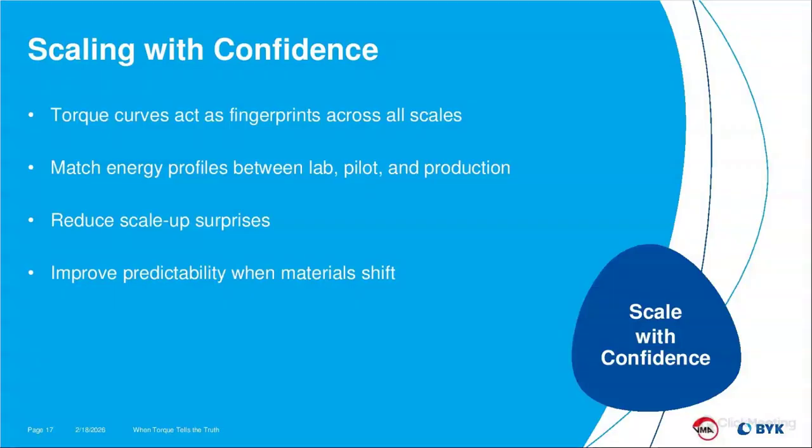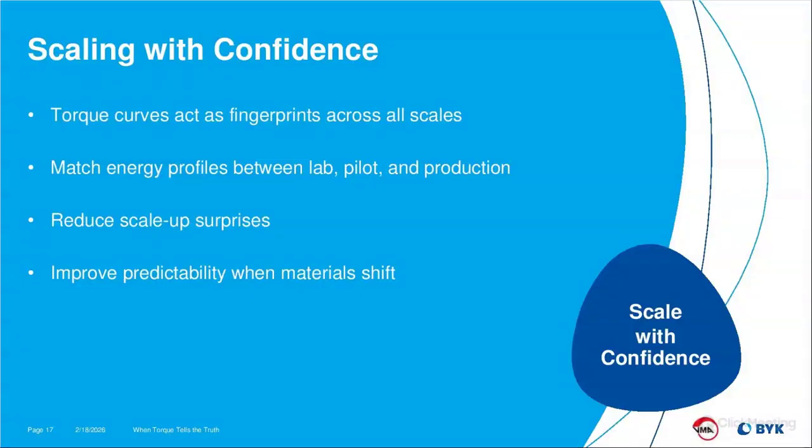Scale with confidence. So the torque curve, it's very much like a spectral curve for all of you color and appearance people. The spectral curve identifies the true color from the 400 to 700 nanometers, right? Well, a torque curve kind of acts the same way.